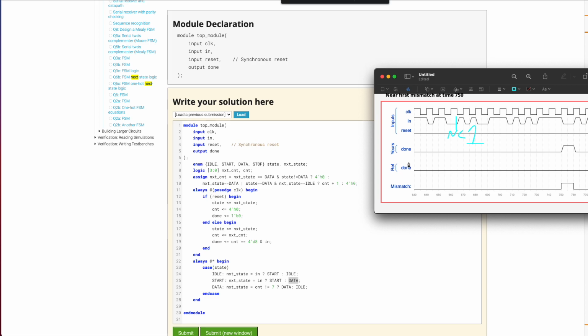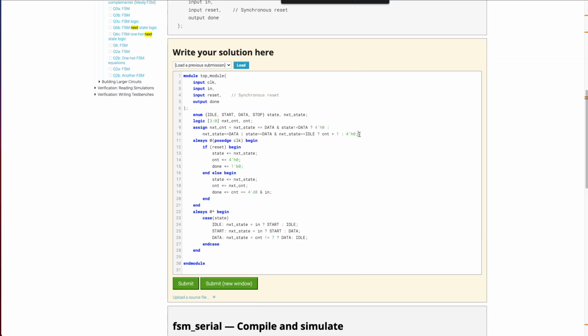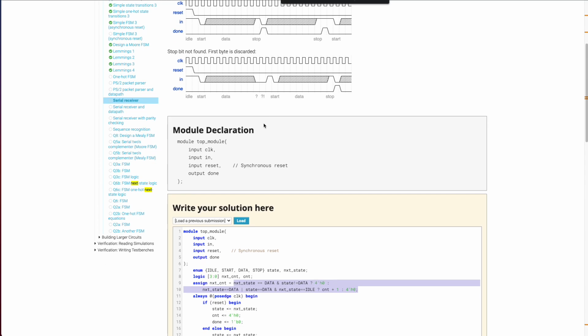And start state can only be hit if we see a 1, 0. So idle 1, 0. But then if that's the case, next count would be 0, not next count would be 1. I'm wondering if there's a better way to do this so it's less kind of confusing.